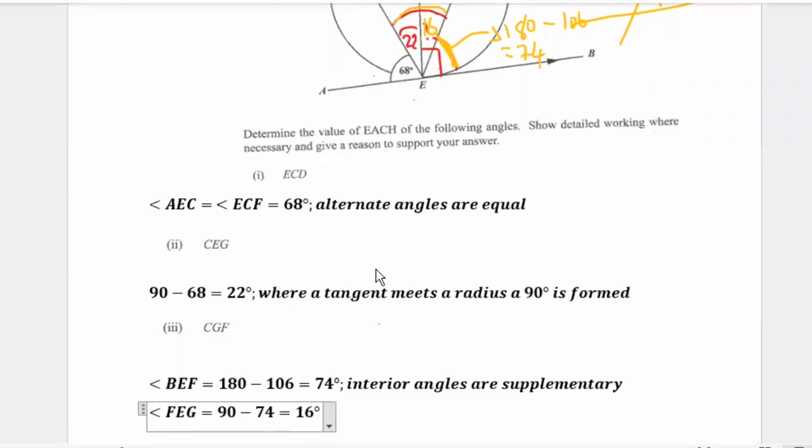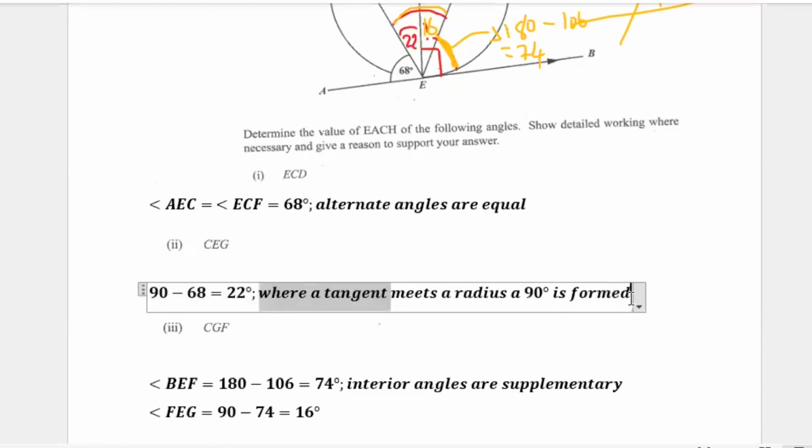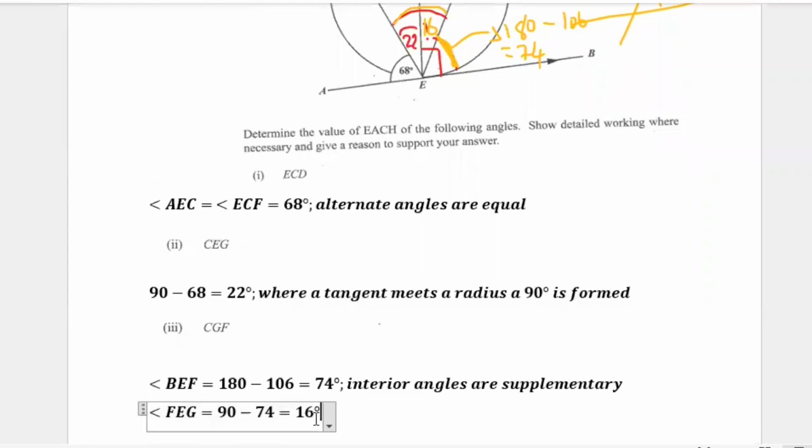And the reasoning is the same reasoning here. Where a tangent meets a radius, 90 degrees is formed. So that is how we could subtract that from the 90 degrees.